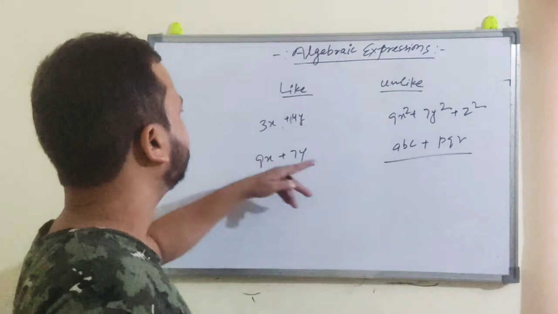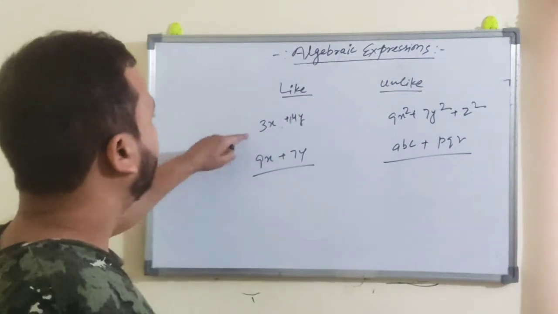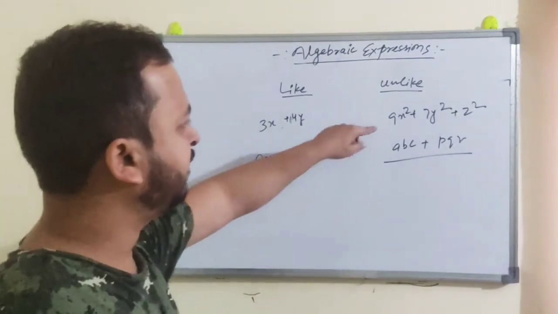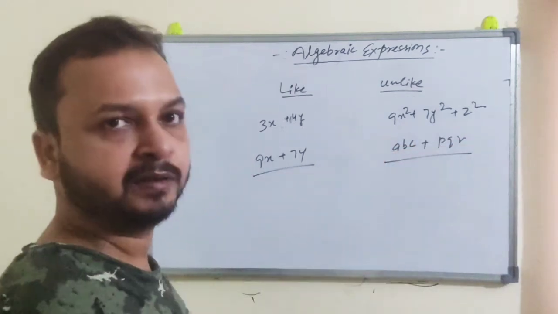So there are unlike terms and like terms. Here binomial is taken, and here this is trinomial and this is binomial.